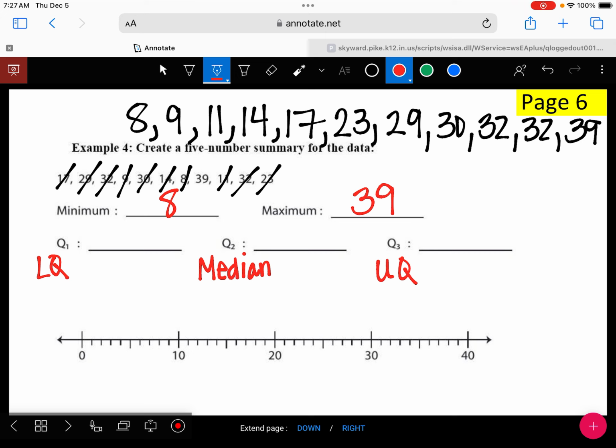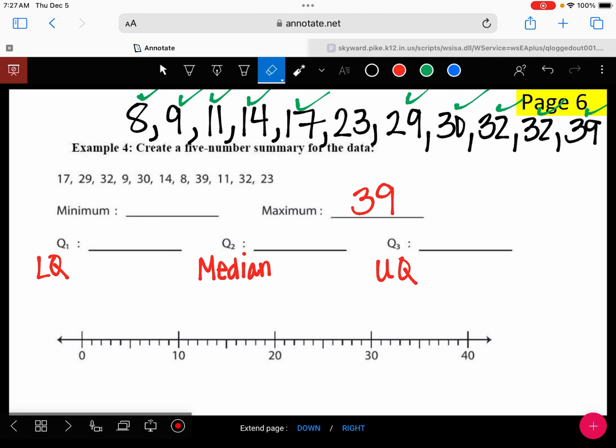All right, so let's go ahead and find our middle number first. Okay. 1, 2, 3, 4, 5. 1, 2, 3, 4. And I forgot to do my check. I always like to check before we start finding our median to make sure I didn't drop a number.